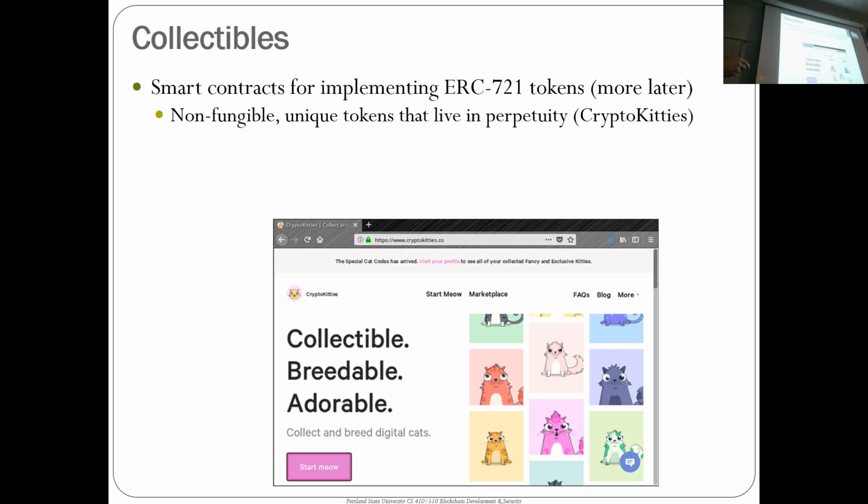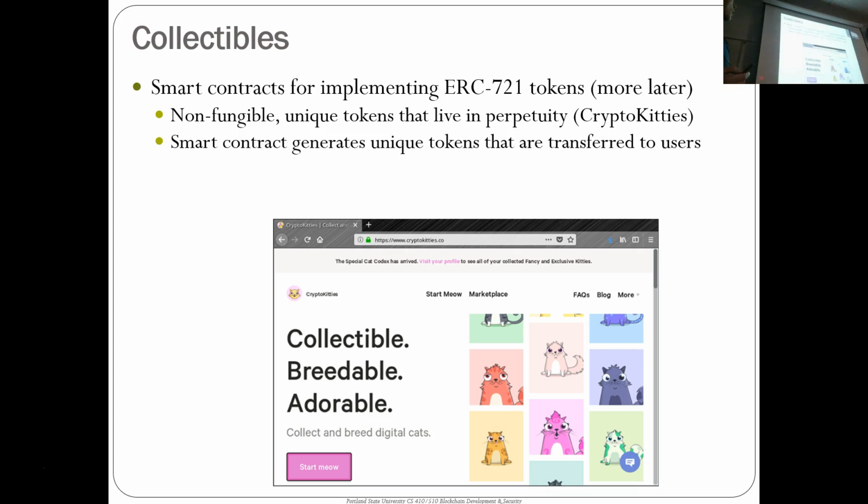ERC20s are one style of digital asset, and then ERC721s are a different kind of token. So this is CryptoKitties, which is probably the most popular Ethereum app ever, where you're basically collecting and breeding digital cats. Randomness will award you some cat with really unique properties, and then those cats are worth a ton of Ether on Ethereum.